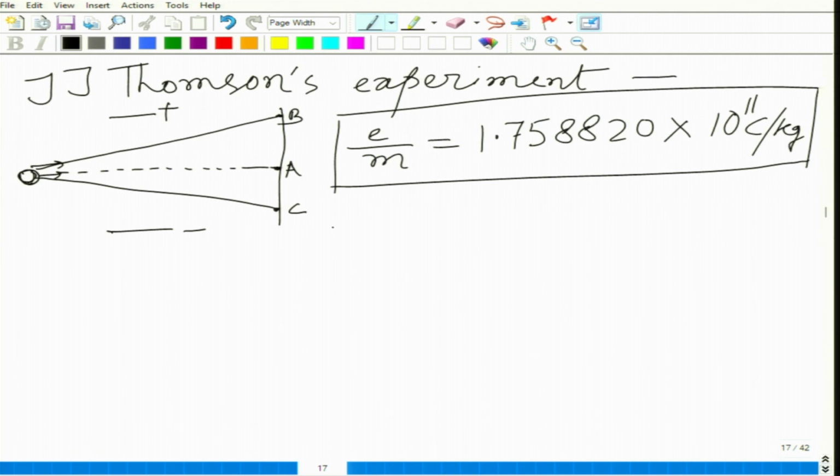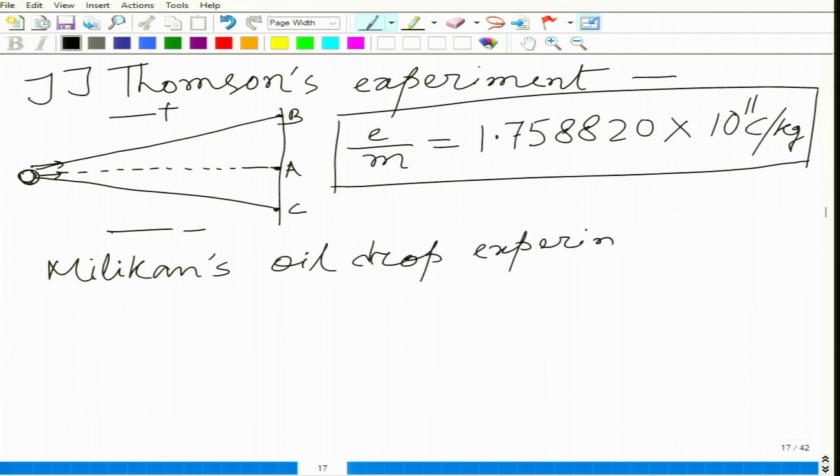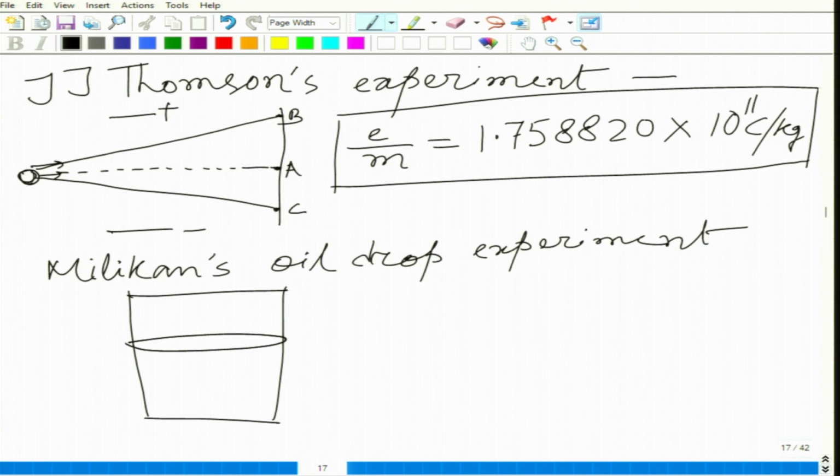Later on, Millikan's oil drop experiment. For example, this is the setup and it had two chambers. There was one anode, the positive electrode is the anode and the negative electrode is the cathode.